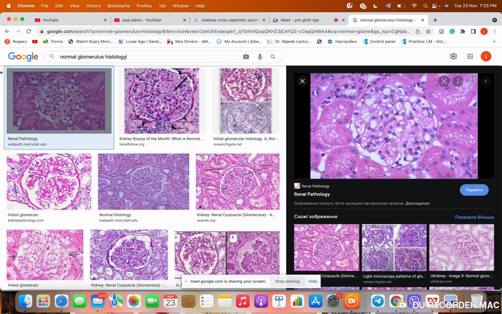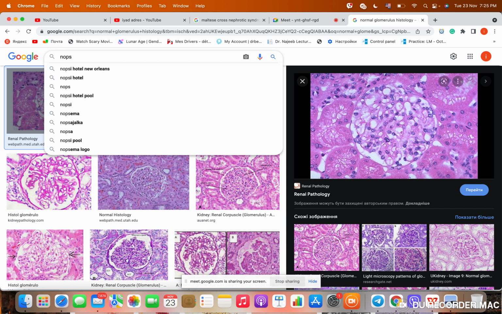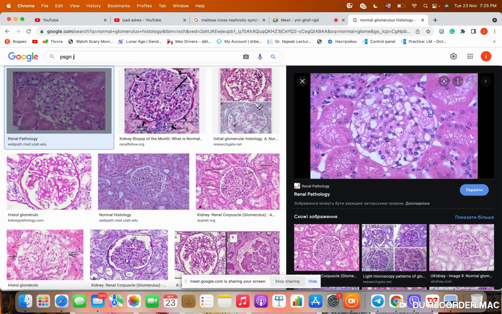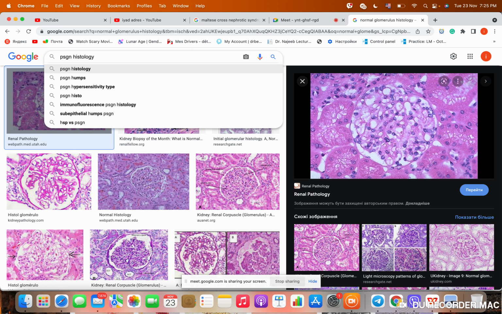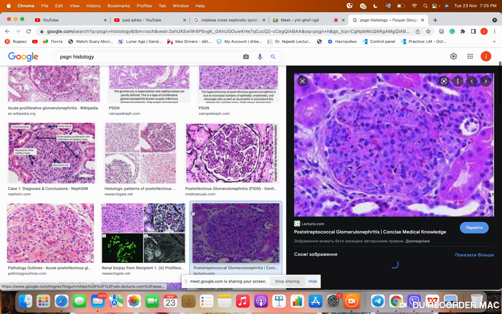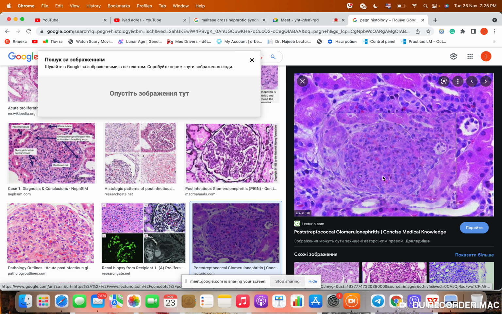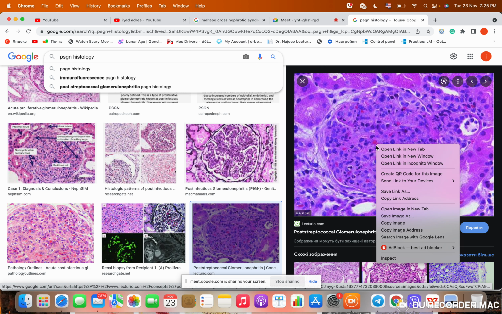But if you look at the histology of post-streptococcal glomerulonephritis, it will be really hypercellular. Why? A lot of inflammatory cells are accumulating inside of it. So actually not all of these cells are the cells of the kidney. Most of them are cells of the immune system going there.